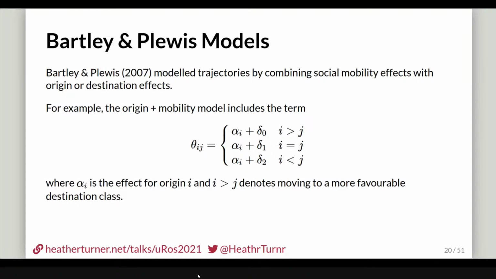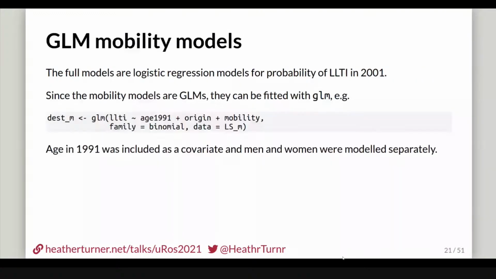The destination and mobility model was basically the same, but instead of an origin effect, alpha i, it had a destination effect. The full model is a logistic regression because we're modelling the probability of long-term limiting illness in this case.